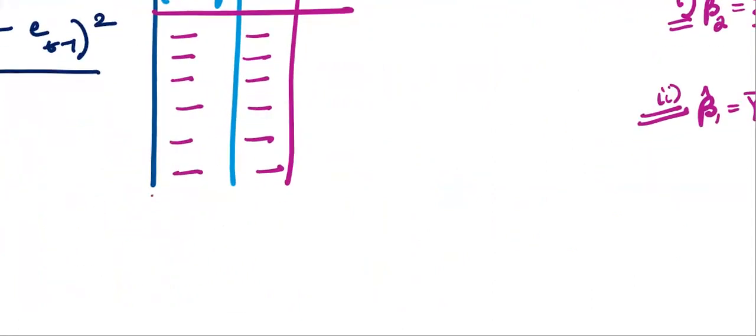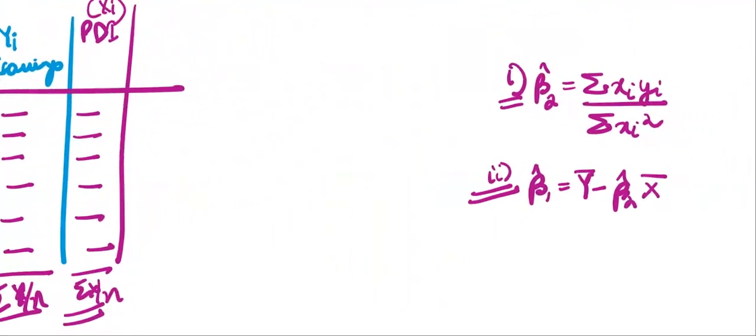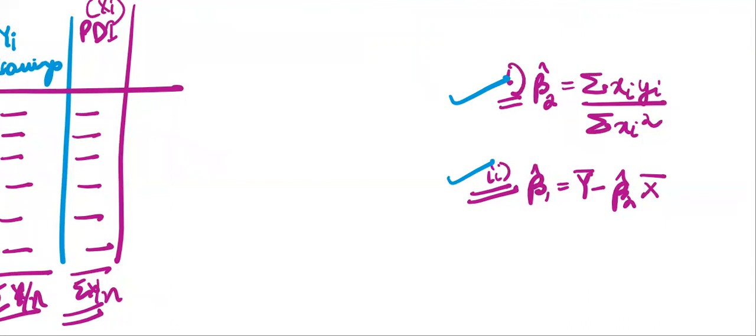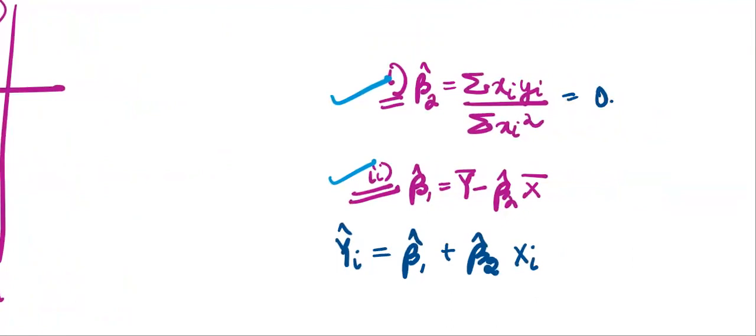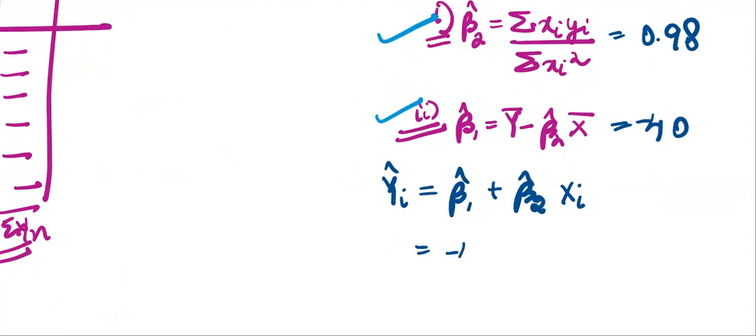Of course, you can find the mean of y and x by doing summation y by n and summation x by n. After you have found beta 1 and beta 2, you can use the formula yi hat equals beta 1 hat plus beta 2 hat xi. By now, you would have calculated some value of beta 2 hat and beta 1 hat, from which you will get an equation.